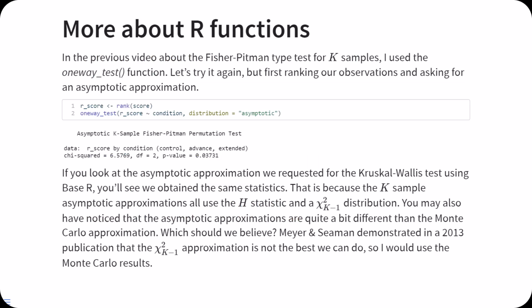Should we go with the asymptotic approximation or the Monte Carlo approximation? Meyer and Seaman, the same people who constructed the exact tables, also demonstrated in a 2013 publication that the chi-square with K-1 degrees of freedom approximation is not the best we can do. So I recommend using Monte Carlo results.